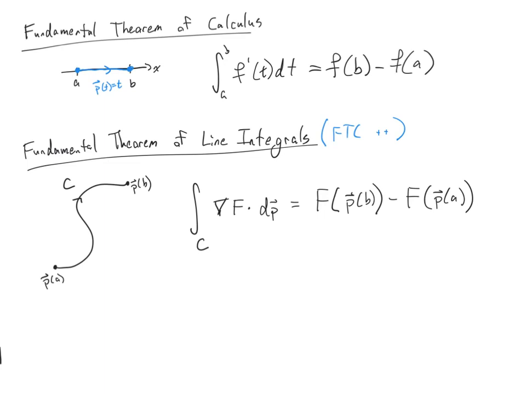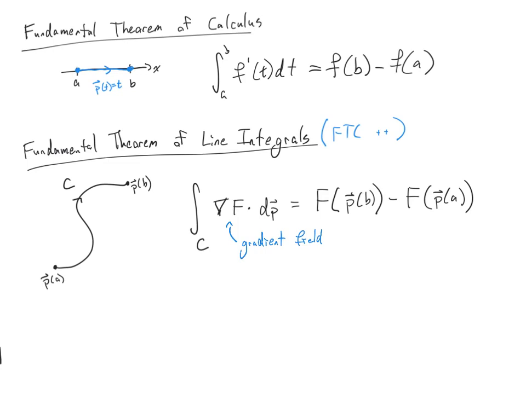And the new formula says that if I'm integrating a gradient field, which we already know we have a way to detect whether a field is a gradient field, then what I can do is just construct a potential function, which is our version of an antiderivative in multiple variables for a gradient field, and evaluate the difference between f at the endpoints to get the value of the total flow over the curve.